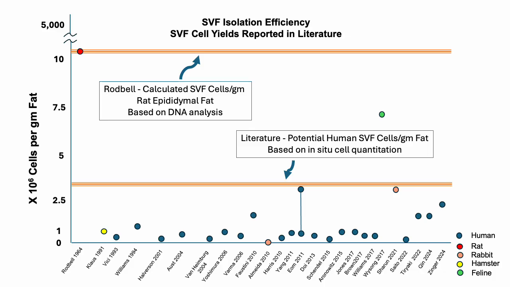That means if you are 100% efficient in isolating cells from fat, you will get around 3.5 million cells, plus or minus about 4 million cells. There's quite a variation. This is relatively tight because it's only based on 2 publications that are out there, but there is the possibility of some of this in situ fat containing more than 5 million cells per gram of fat based upon inflammatory cells and other cells that may be present.